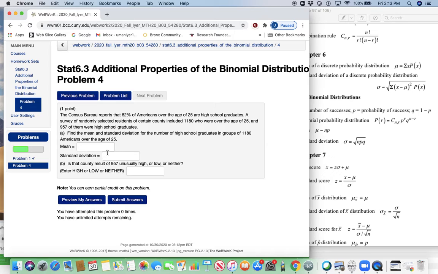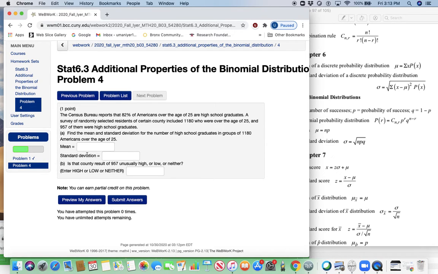Find the mean and standard deviation for number of high school graduates in groups of 1,180 Americans over the age of 25. Well, this is what they actually found, 957.